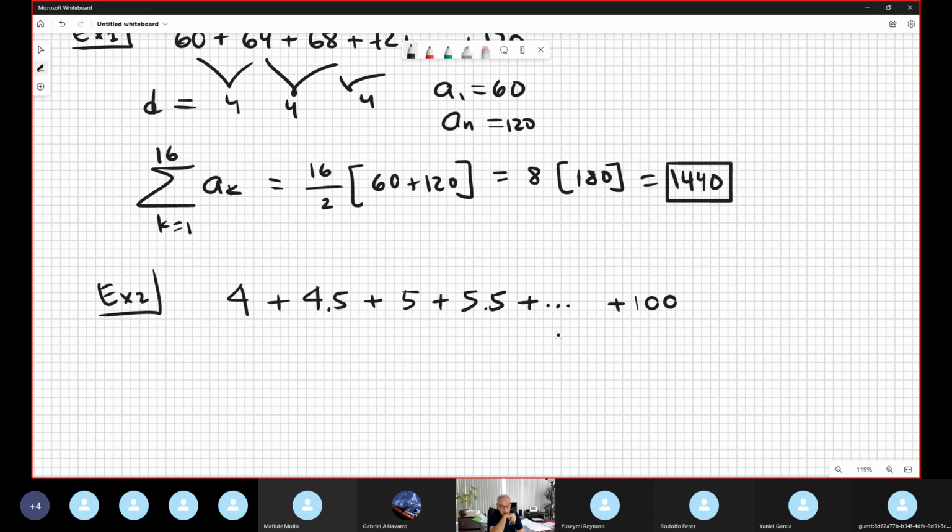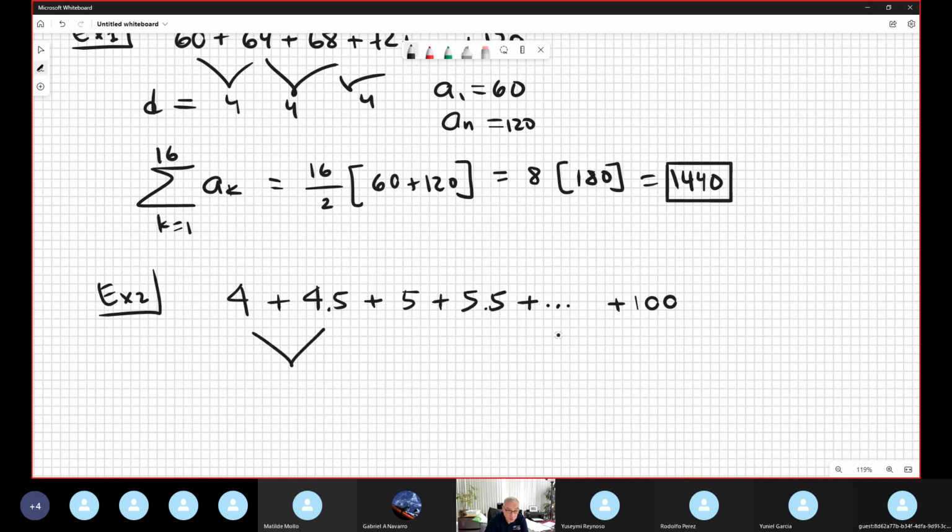This is an arithmetic sequence, yes or no? Yes. Yeah, and what is the common difference? 0.5. Absolutely.